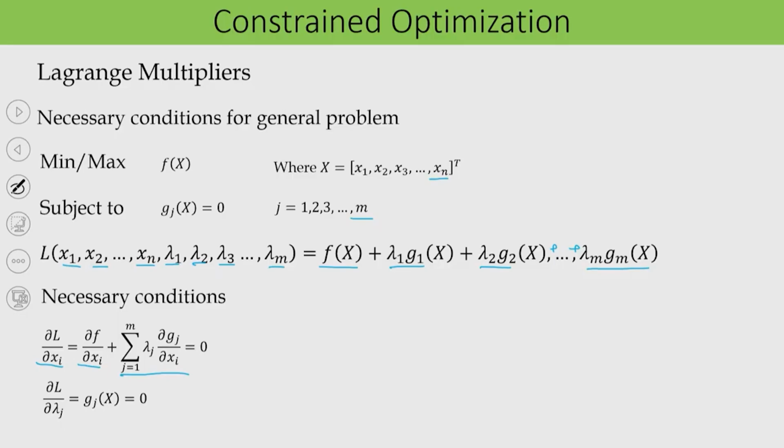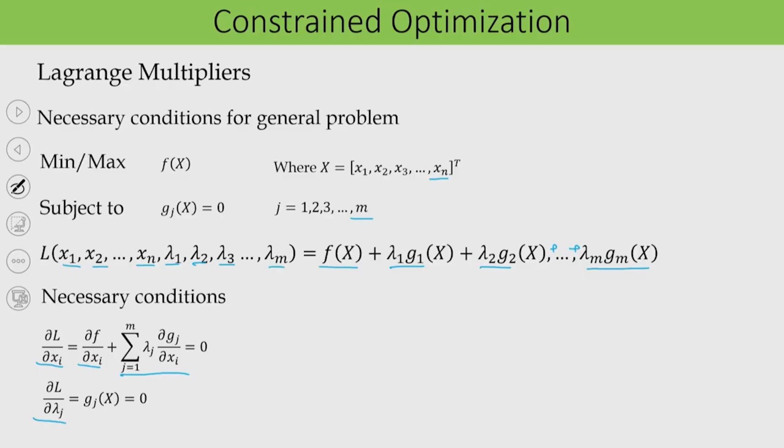So, this is with respect to the derivative with respect to x_i, and then the derivative with respect to lambda, that is your del L by del lambda_j, which is equal to g_j(x) = 0. So, how many equations are we getting?